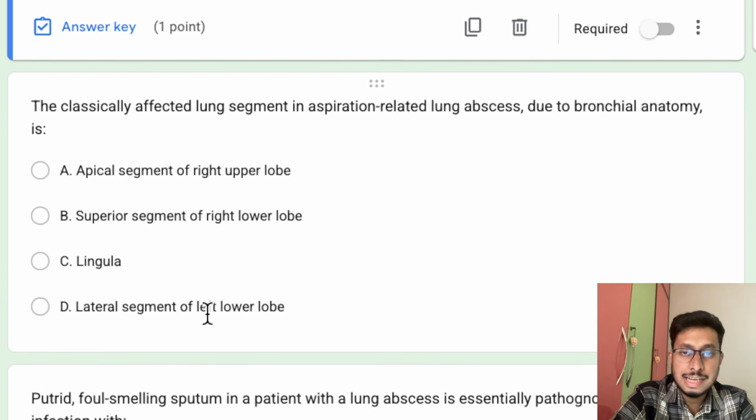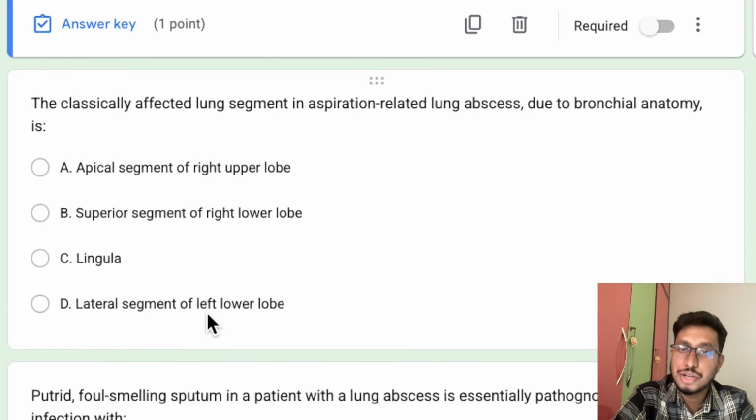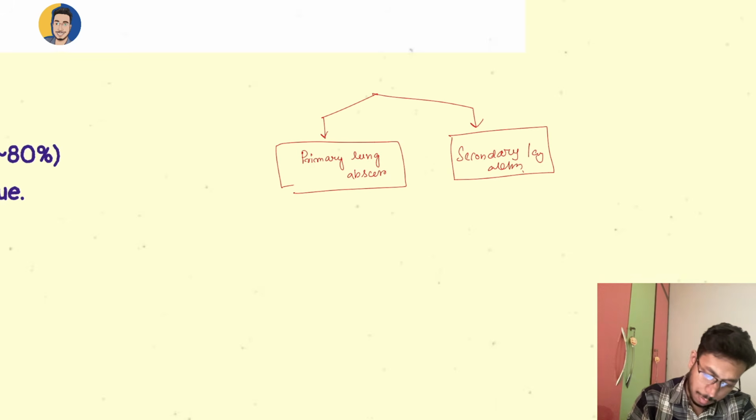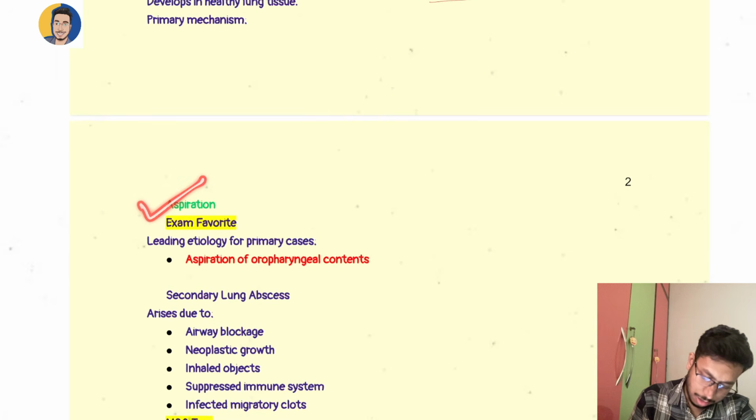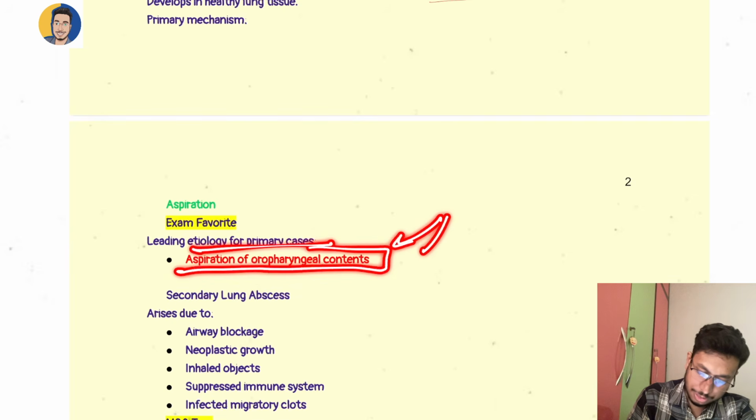Now, the next question: classically affected lung segment in aspiration-related lung abscess due to bronchial anatomy is. We need to know a little about the structures here. Before moving to the structure, remember, primary lung abscess is the most common cause, 80%, and develops in healthy lung tissue. The mechanism is aspiration. The leading etiology for primary cause is aspiration of oropharyngeal content.